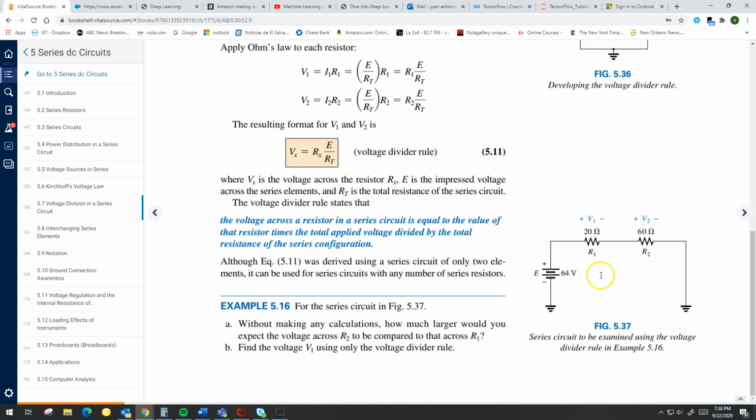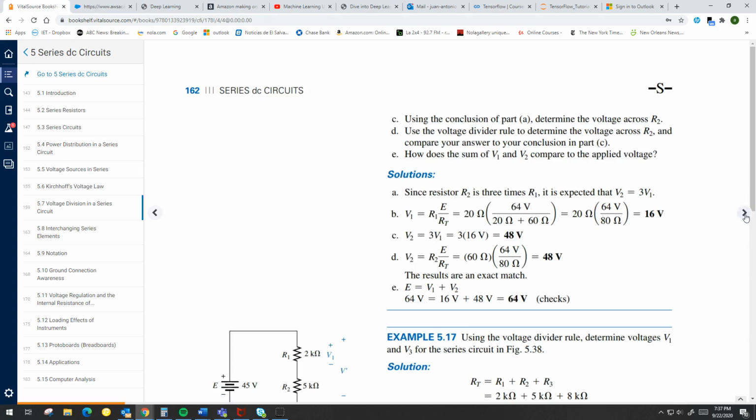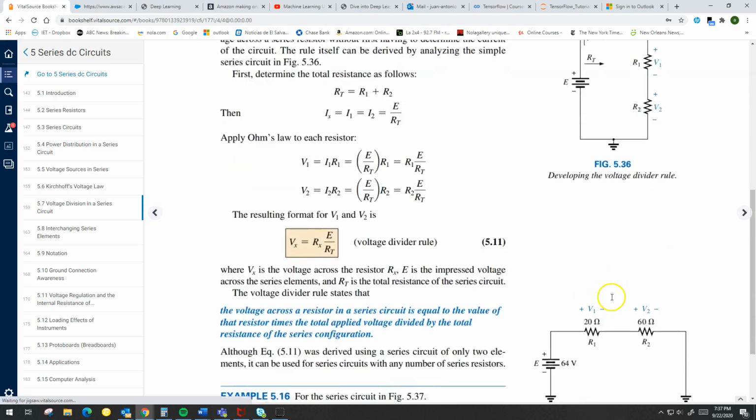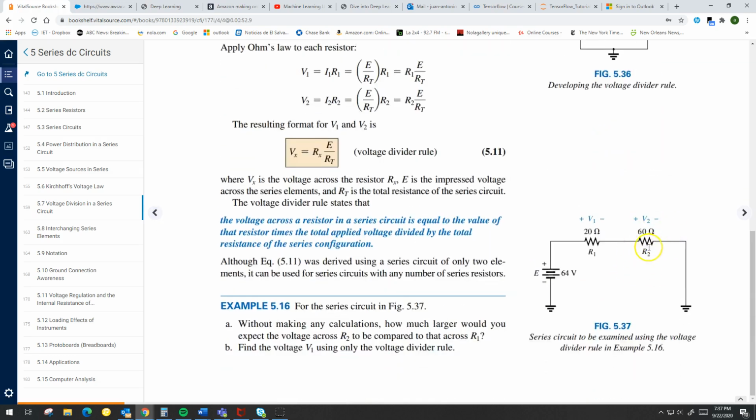Okay, so it's just a simple series connected resistance to a battery. So like we said before, since the resistor R2 is 3 times R1, we expect V2 to be 3 times V1. Now they say, well, find the voltage V1. So if we use the rule here, look at the rule, right? The equation.